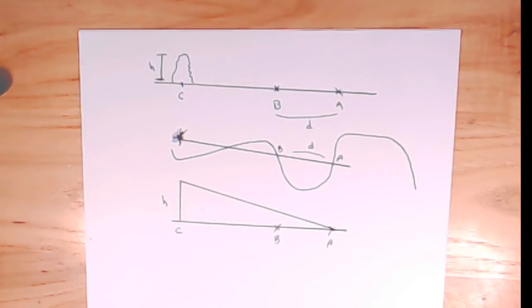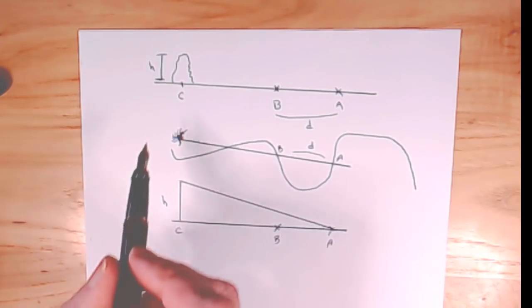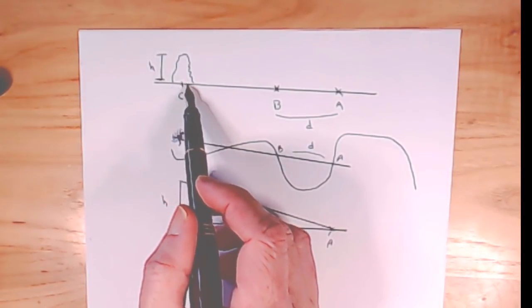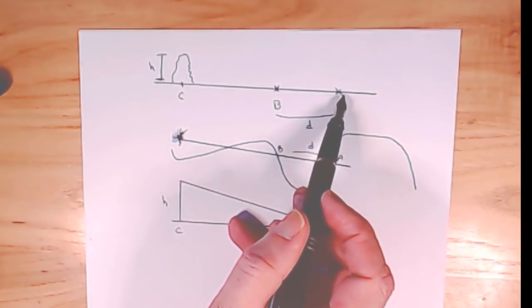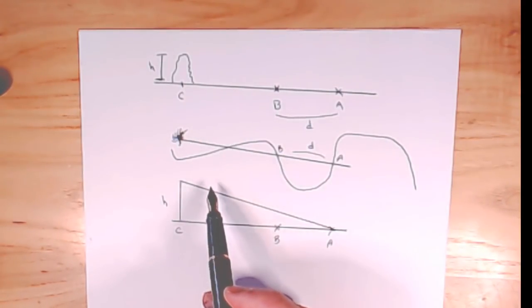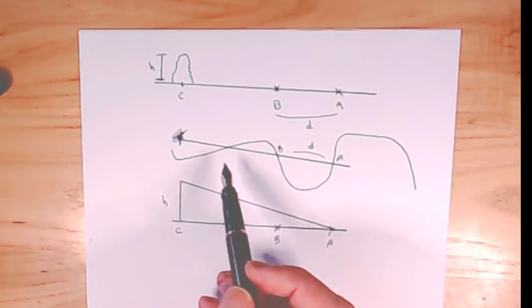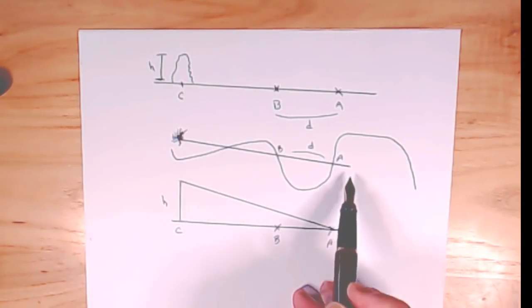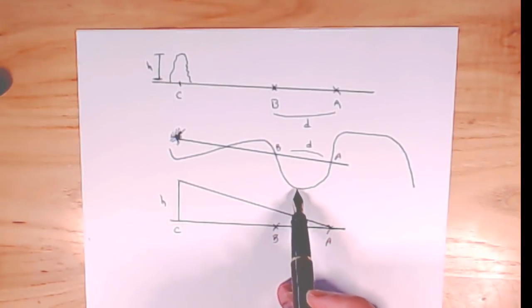Okay, the method of Al-Biruni has two different parts to it. The first part is to try to determine the height of the mountain. Say we have a mountain next to a lake, and this bottom line right here will be the level of the lake. If you were to look at this from the top, here's the mountain right here, and then here's the lake, and we have this little peninsula coming out.